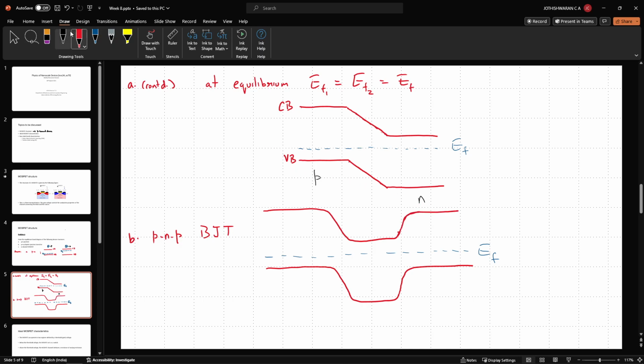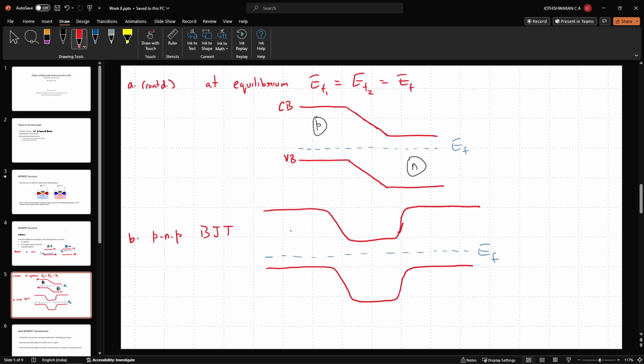I will erase this P and N, and I will write it inside here. So this is the P part, and this is the N region. Now, of course, the conduction band energy has to come to the proper level. It rises up all the way to this point again.